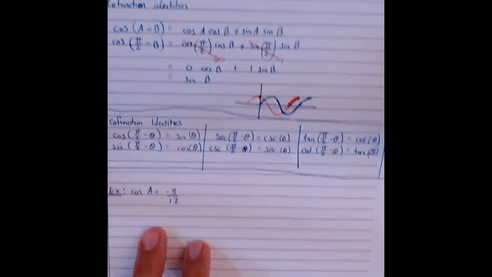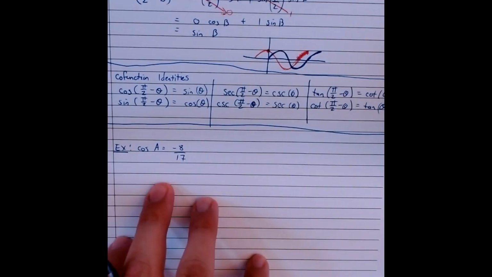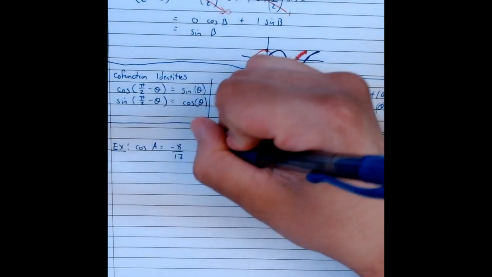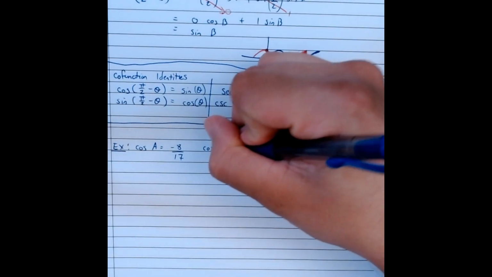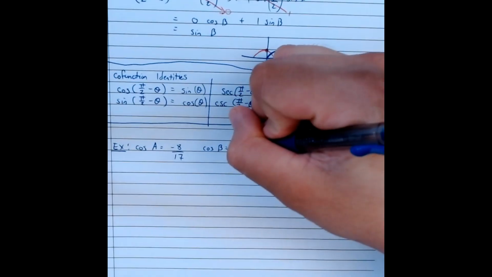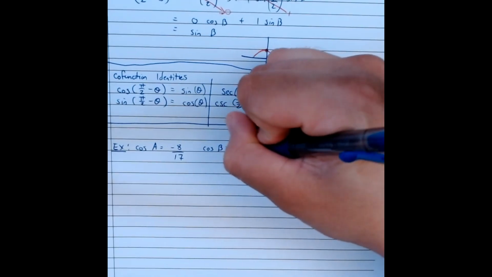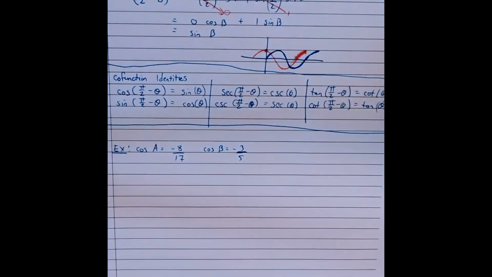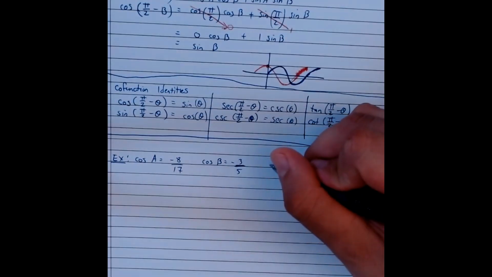Now, we don't know what A is, but it's not going to matter. We also have that the cosine of the angle B is equal to negative 3/5. And again, we don't know what B is, but it's not really going to matter. And we have that the angles A and B are both in quadrant 3, meaning their terminal angles are in quadrant 3.